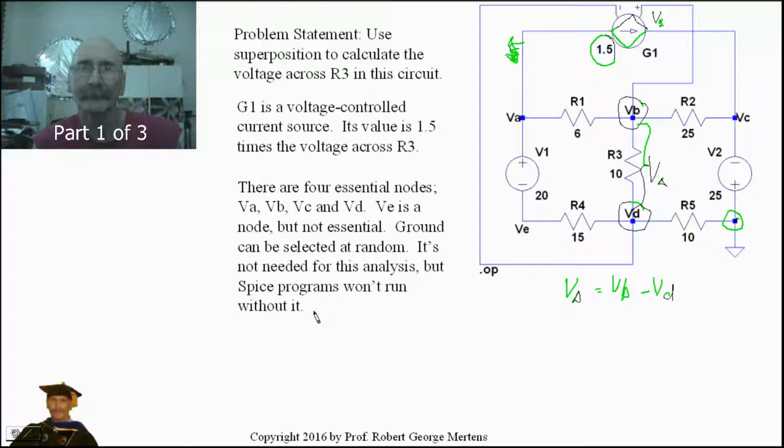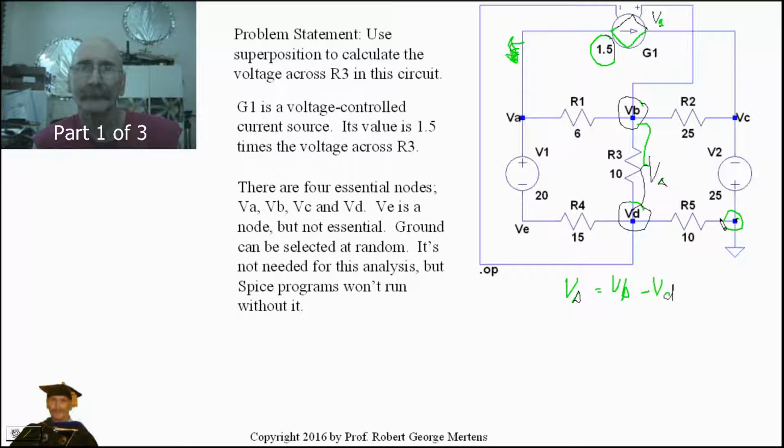So you can do the calculation without having a ground, and you can call this a reference. But all of your calculations are going to be based on relative voltages. So the ground is nice to have, but it doesn't change what we're going to do. So let's go on to the next slide.